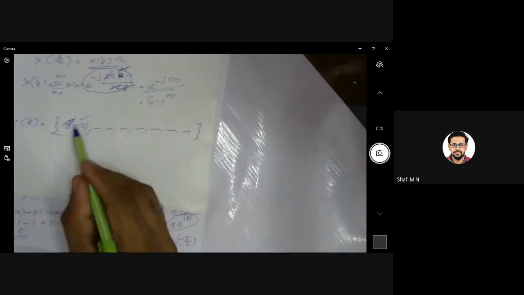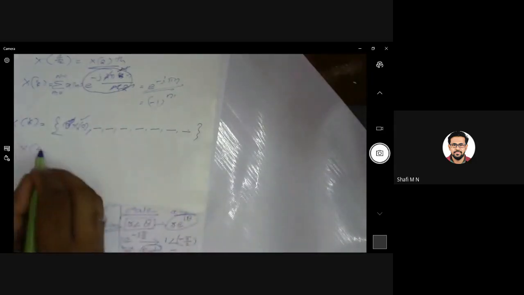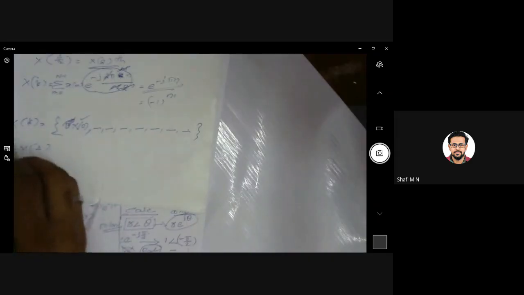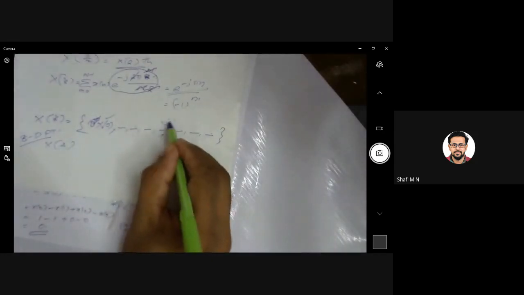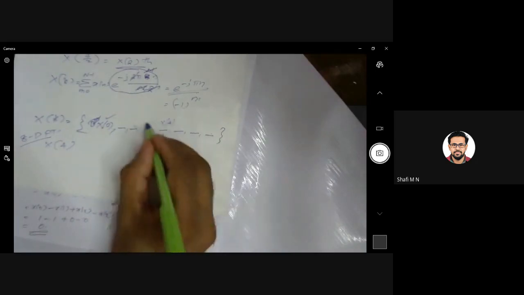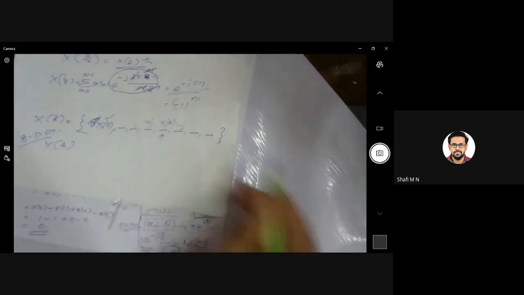This is the sum of all the terms. Now what will be the middle term? X of 4. Because you are calculating an 8-point DFT. So this is x of 0, x of 1, x of 2, x of 3, and this is x of 4. X of 4. This is the center term. If this is 1 plus j, this will be 1 minus j. If it is 2 plus j, this will be 2 minus j. Symmetry will go on like this.